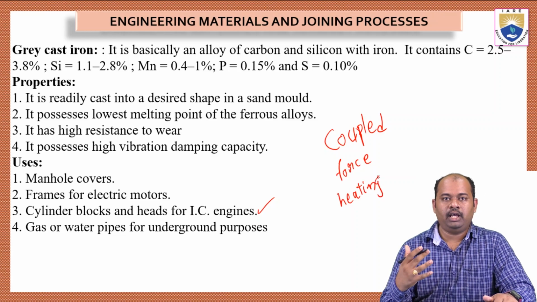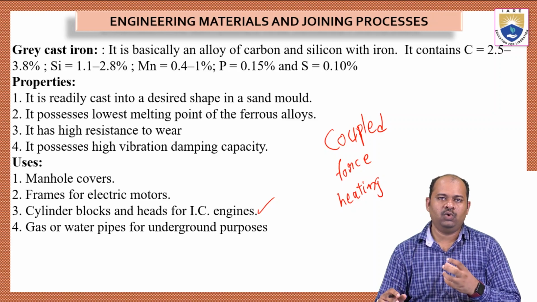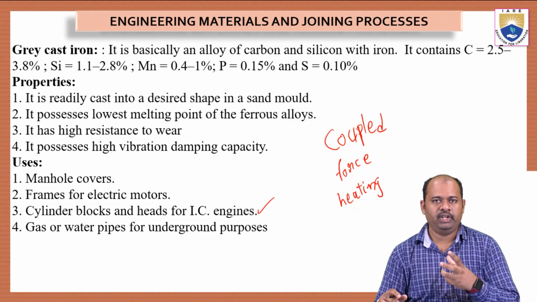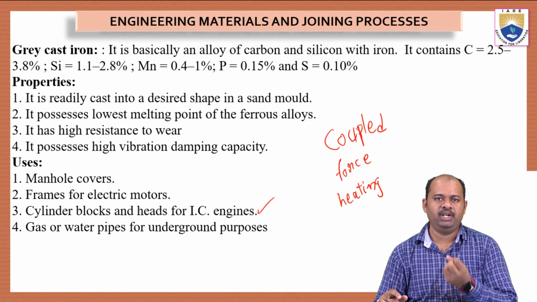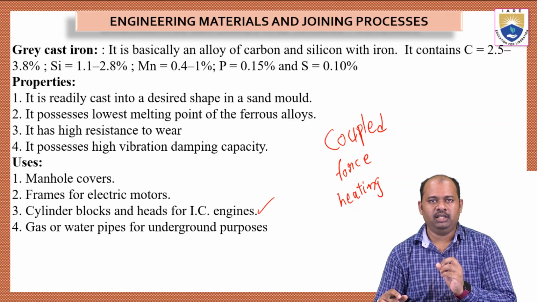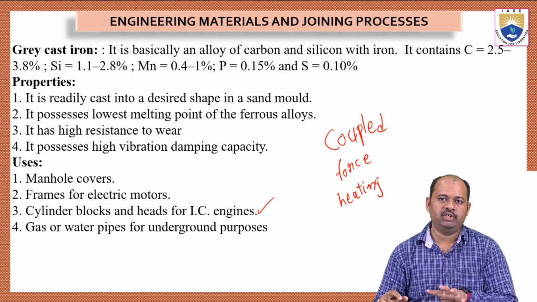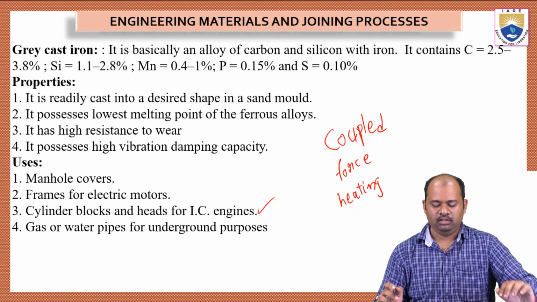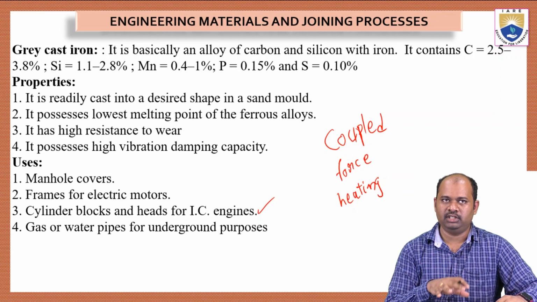IC engines are machines designed in such a way that they have to undergo two different types of energy fields at the same time. One is physical forces, like structural forces applied due to the movement of the piston, and heating, because IC engines mostly run on fuels like petrol or diesel. They have to experience a large amount of temperature because of the combustion of these fuels. So these iron parts are made up of this grey cast iron.